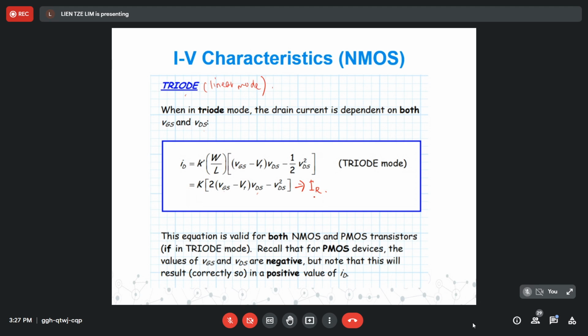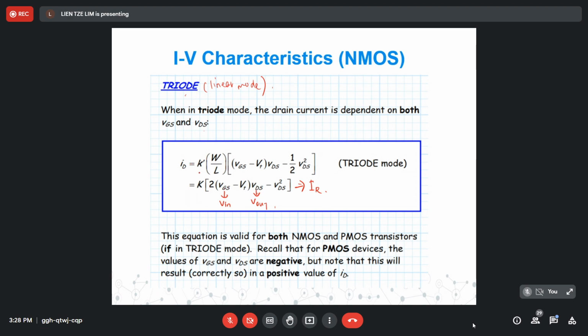If you compare, the formula is the same, except that VGS and VDS are used, these two parameters are used in this formula. This VGS is actually the V in. V in equals VGS, the gate to source voltage, and VDS is V out.